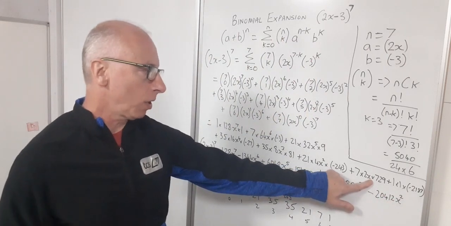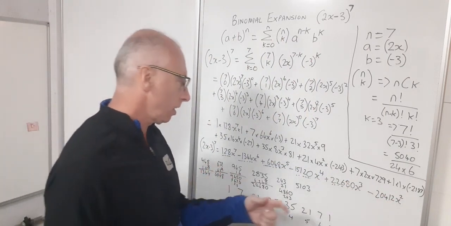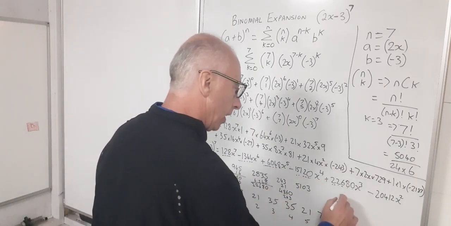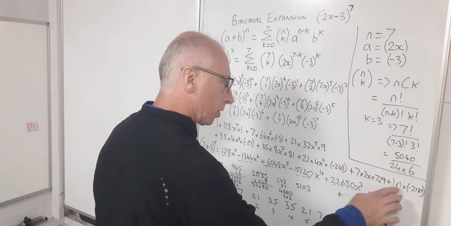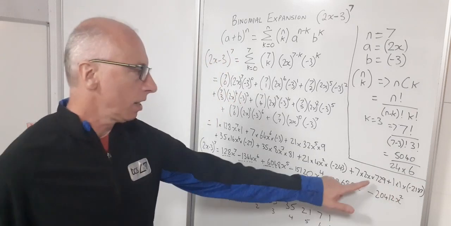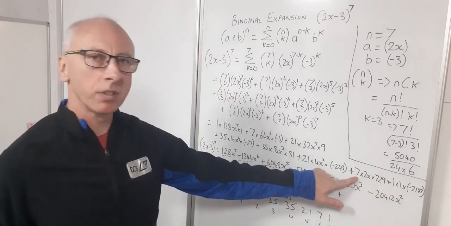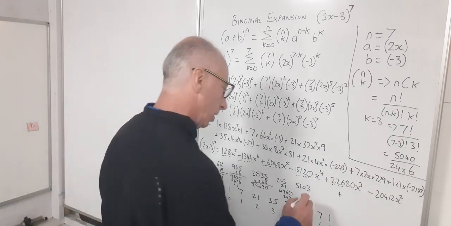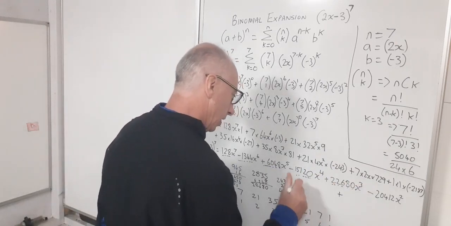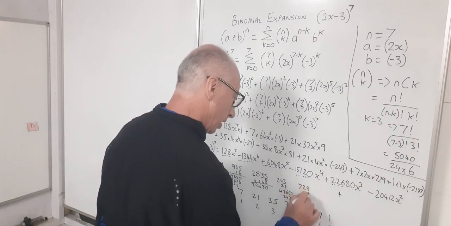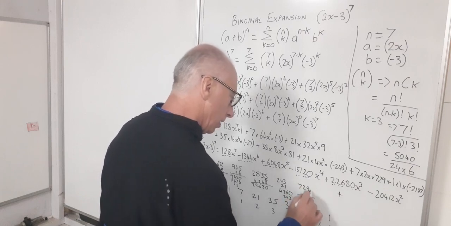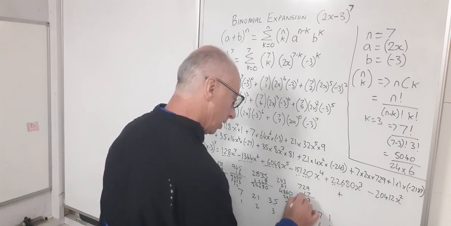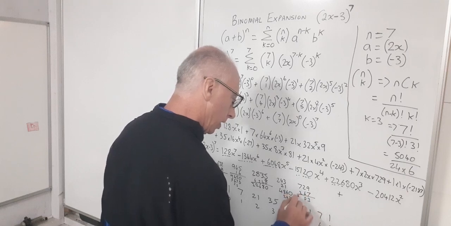Now, what about this one? So just the x. So I'm going to have to bring this down on the next line. So it's going to be a positive because there's no negatives in here. 729 times 7 times 2. So let's do 729 times 7 first. So let's take that off. 729 times 7. 7 9s are 63. 7 2s are 14. 7 7s are 49.